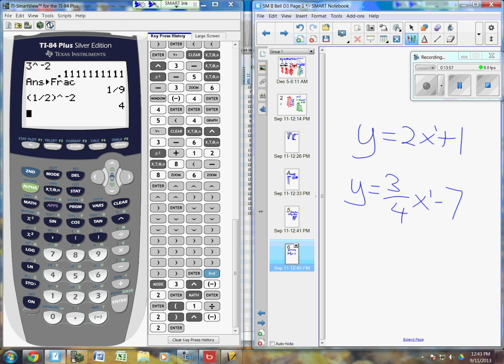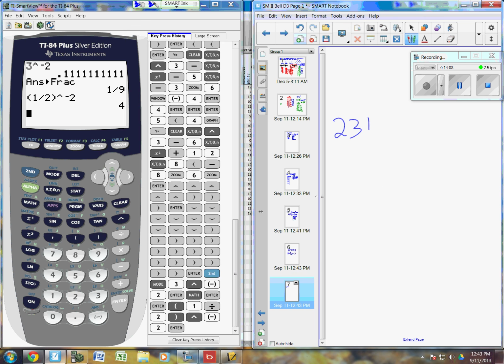Okay. All right. I want to do number 23 with you. Let's go to 23. 23 wants us to find s of 1/2, and s of x equals x squared plus 5/4 x minus 1/2, right?